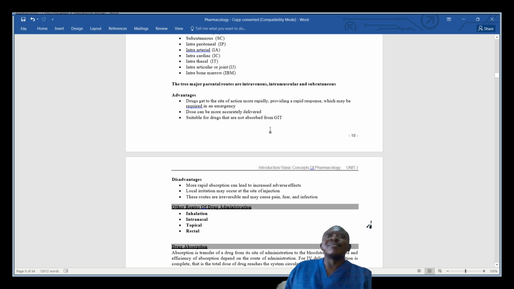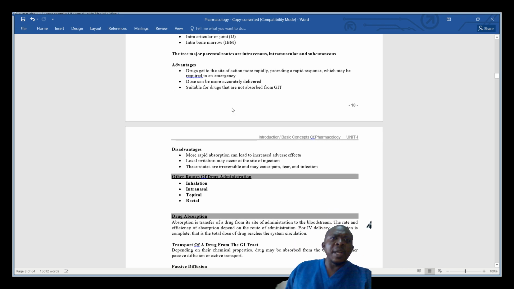The liver metabolizes the drug so that it's available in the blood. So if the drug cannot tolerate this, then it is better it is given within the vein so that it is available in the blood and used.